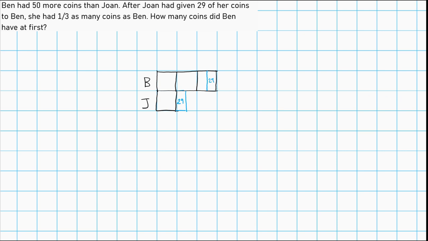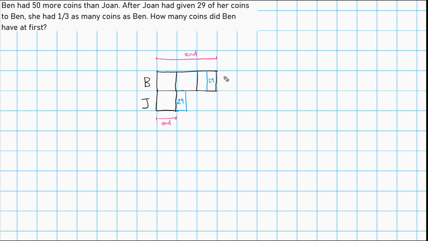And we should also make sure that we mark what this is. So this is the end situation. That's at the end. And this bit here is also the end.